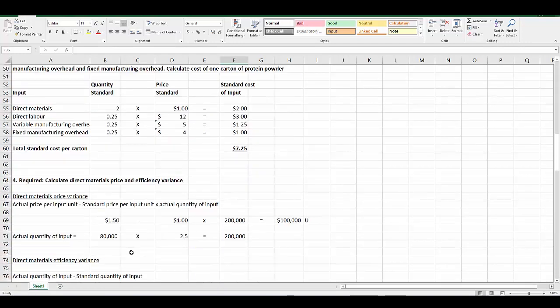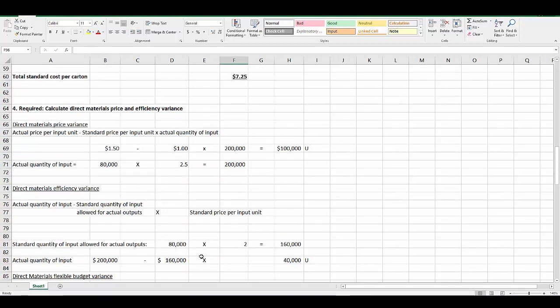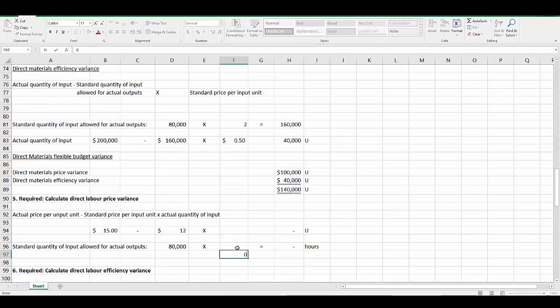So it took 40,000 hours. So you're looking at the impact of an increase of $3 per hour, and you used 40,000 hours. So that's $120,000 unfavorable variance.